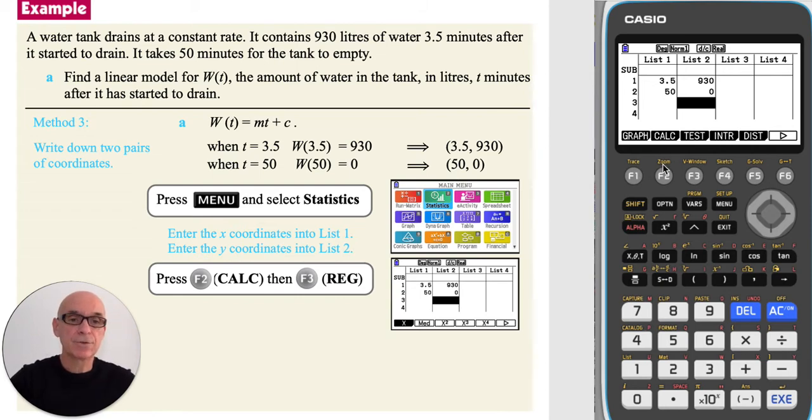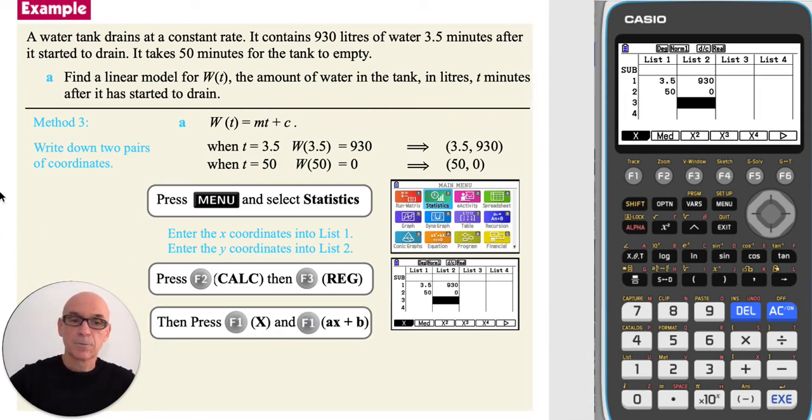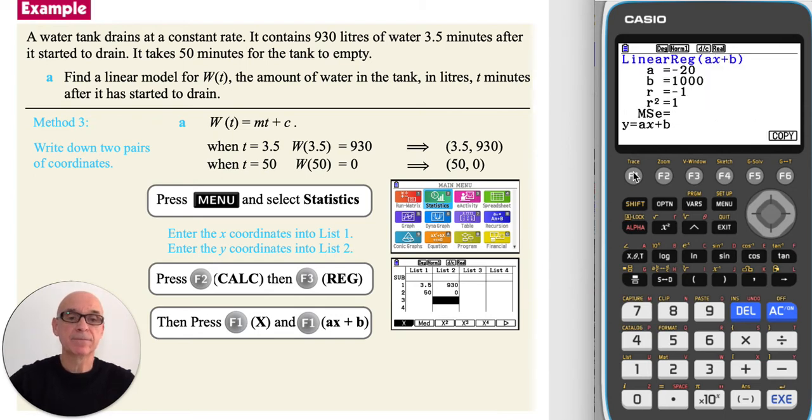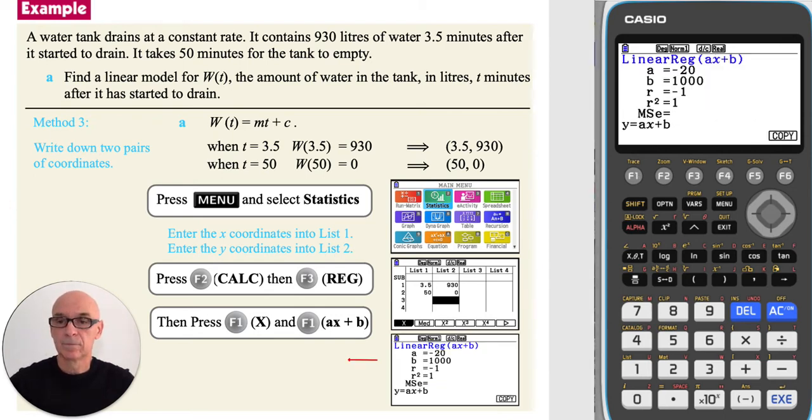Then press F2 for a calculation and F3 for a regression. Press F1 for a y on x regression and press F1 again for the form ax plus b. This gives a gradient a, or m in our case, of negative 20 and a y-intercept b, which is our c, of 1000. So again, the linear model is w equals negative 20t plus 1000.